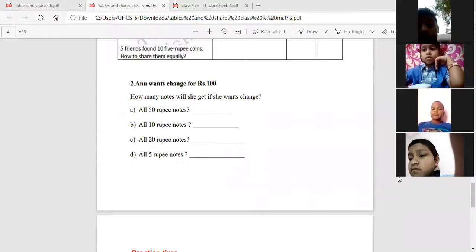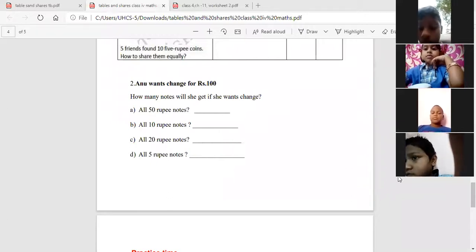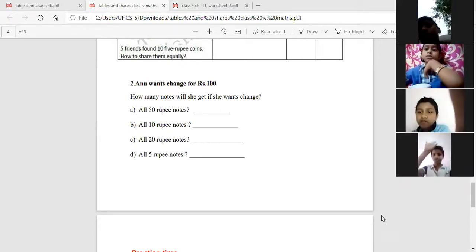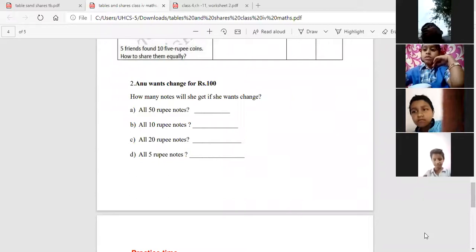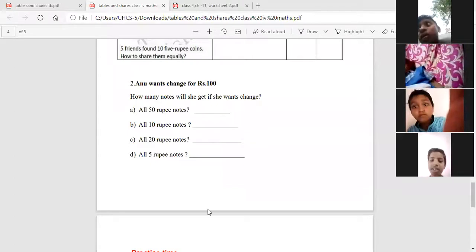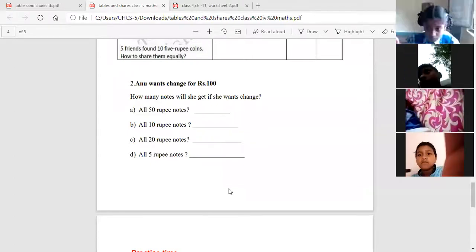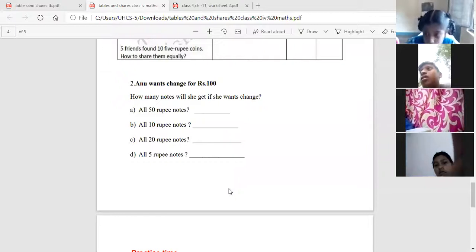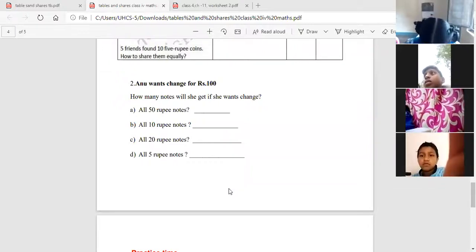Give the answers. What are you doing? Talking with others at home. Dipanshu, you can give the answer. Sir, 100 divided by 10 is equal to 10. Yes, exactly. That's correct.